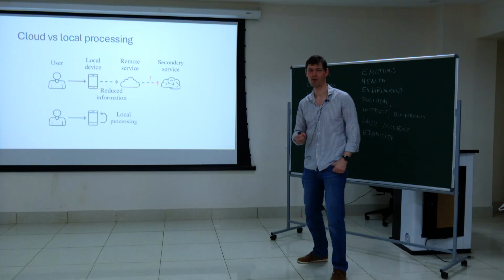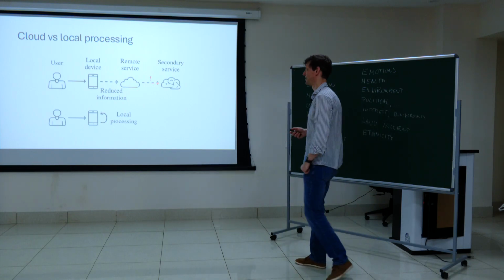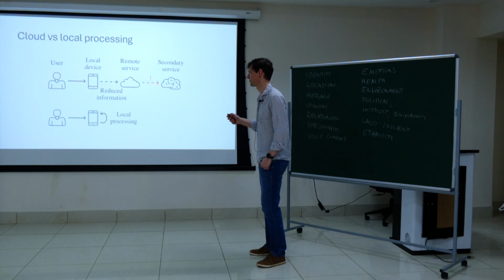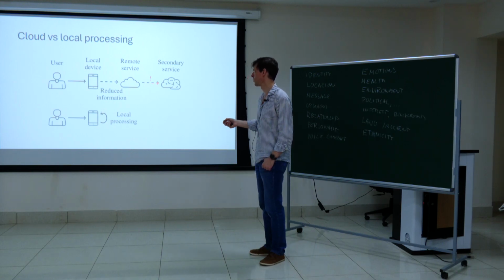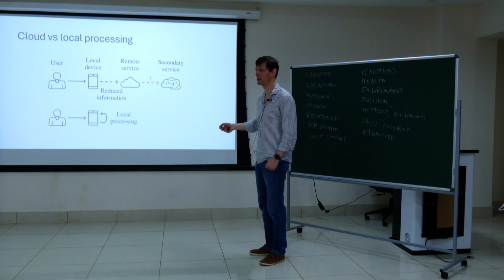This should perhaps be the first slide. So, cloud versus local processing. Most of our approaches are such that we have a local device and then it sends only the reduced information.